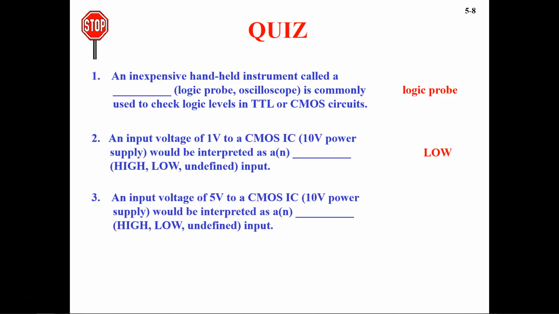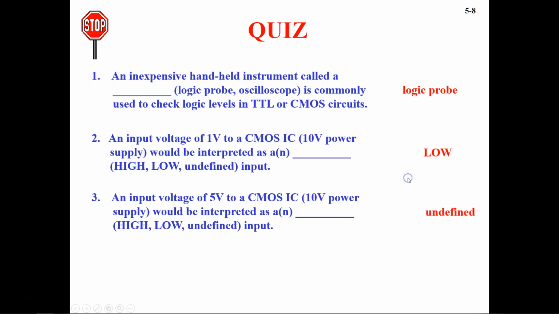Now next, third, we have an input voltage of 5 volts to a CMOS IC with a 10 volt power supply. Would it be interpreted as low, high, or undefined? This is going to be undefined, because 5 volts does not lie in either the low or high voltage profile.